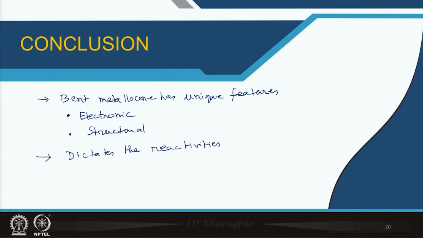So, in the next class we will take some of the bent metallocenes and discuss the key reactivities and the properties before going to the polymerization reaction.